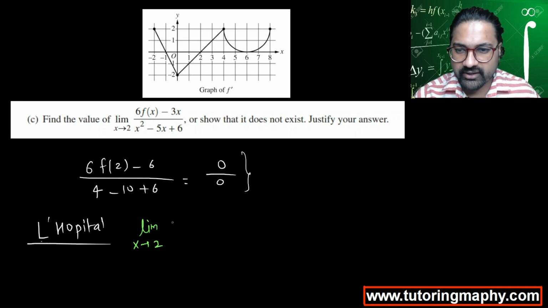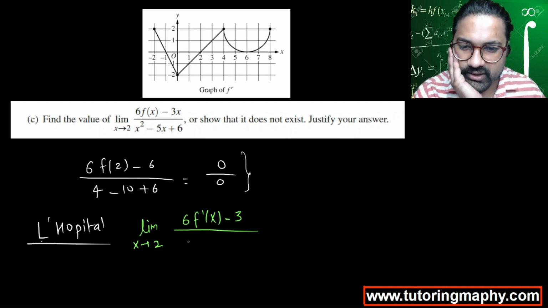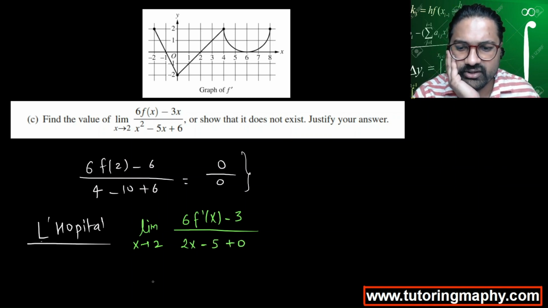So I'm going to find the derivative of 6f(x) first, which is just going to be 6f prime x, and the derivative of 3x is just going to be 3. The derivative of x square is going to be 2x. The derivative of 5x is just going to be 5, and the derivative of 6 is just going to be 0.